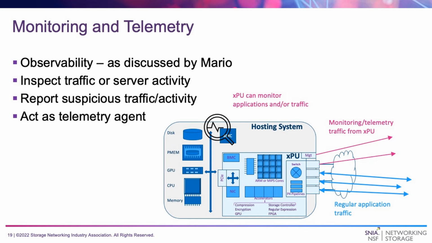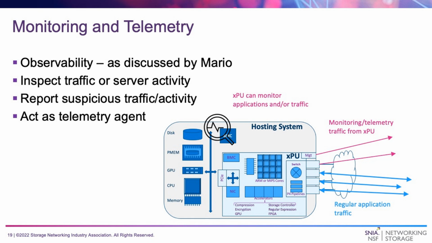And then that traffic either can be mirrored or inspected, and a subset of the traffic or alerts based on what it sees can then be sent out to management applications or security applications or monitoring or telemetry appliances.